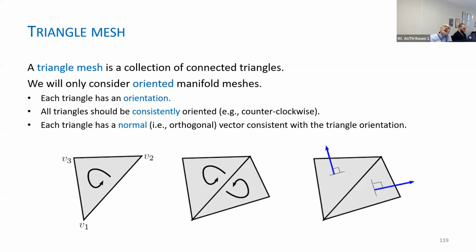So something more about the triangulated mesh. Normally triangles also have an orientation, and the orientation is given following the right-hand rule. So if you rotate following the counterclockwise order in the triangle, your thumb is pointing in the direction of the positive normal of the triangle.